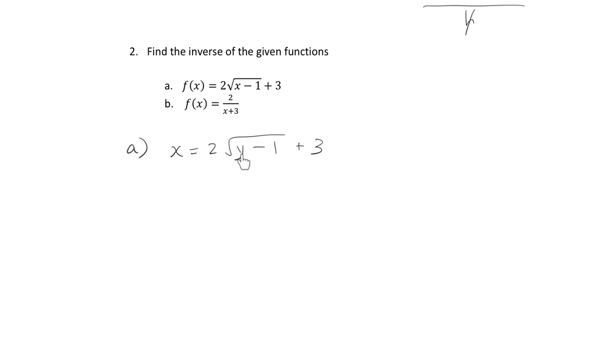So now the task is to get y by itself. So got to subtract 3 from both sides. Then divide by 2 on both sides. Now square both sides.